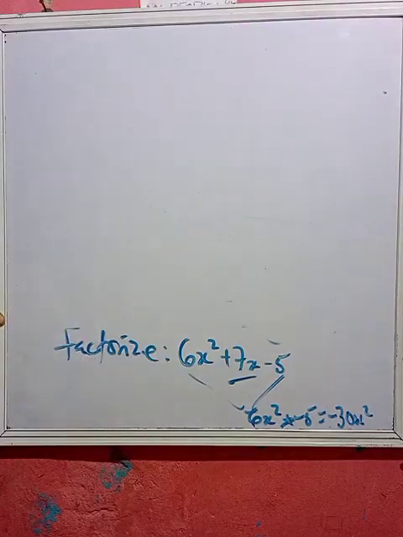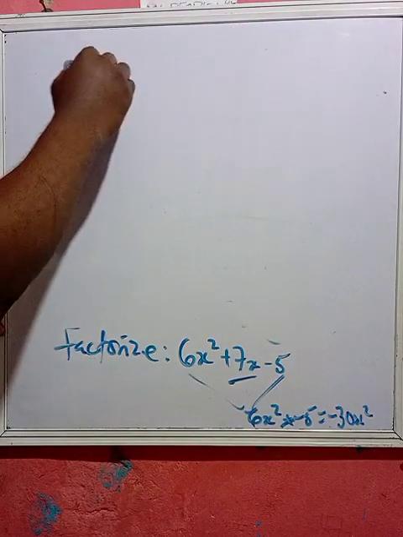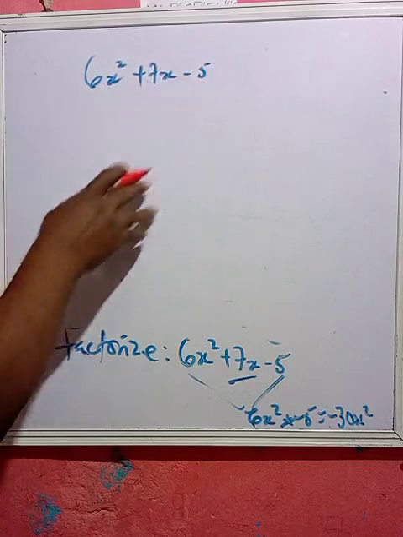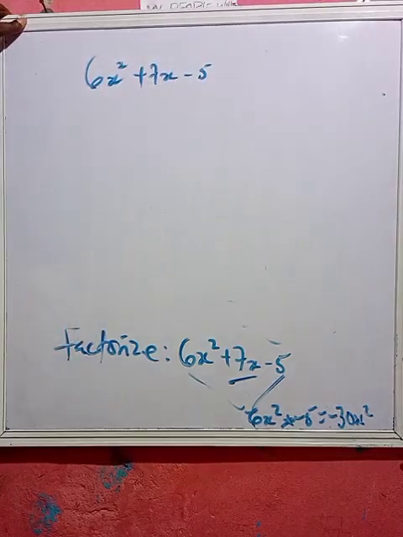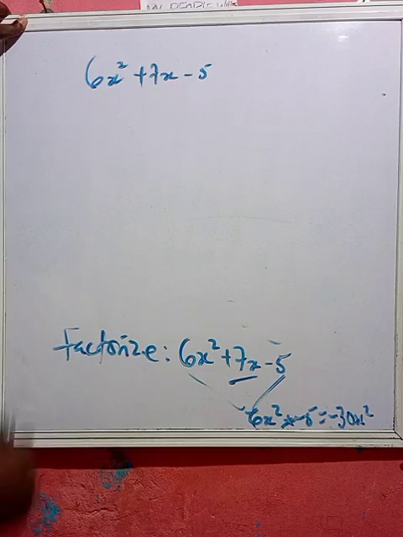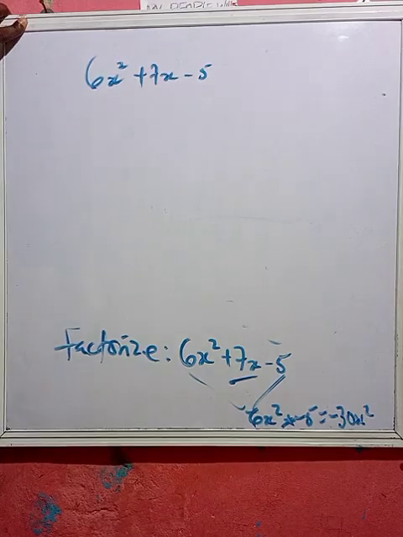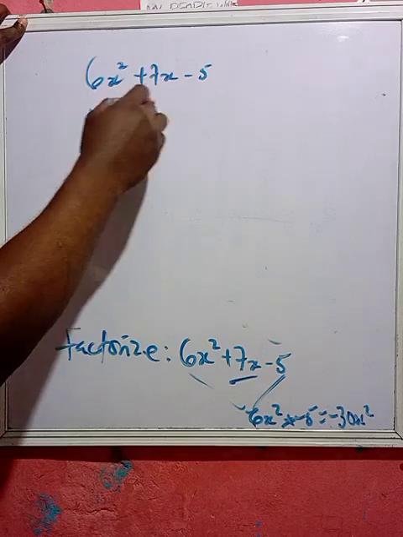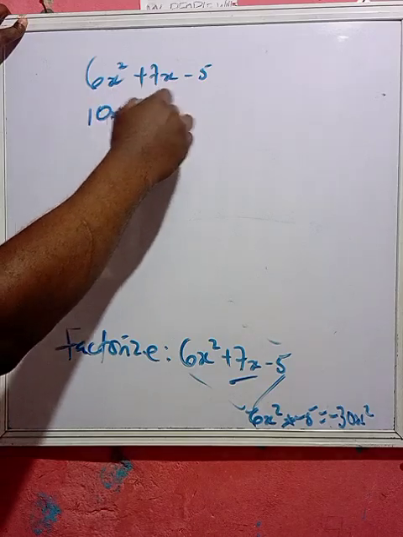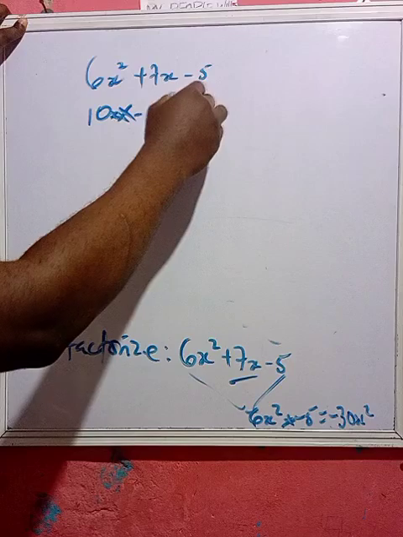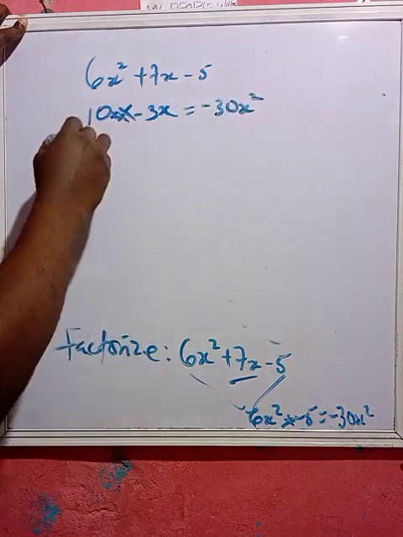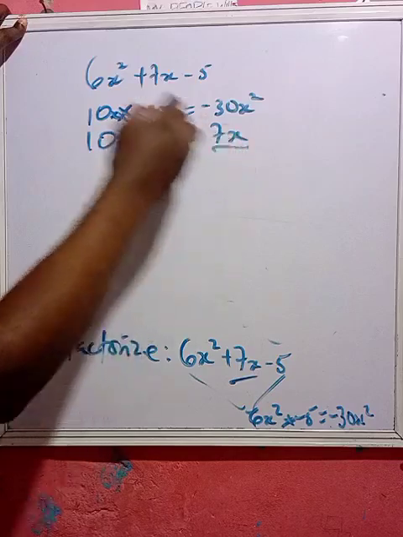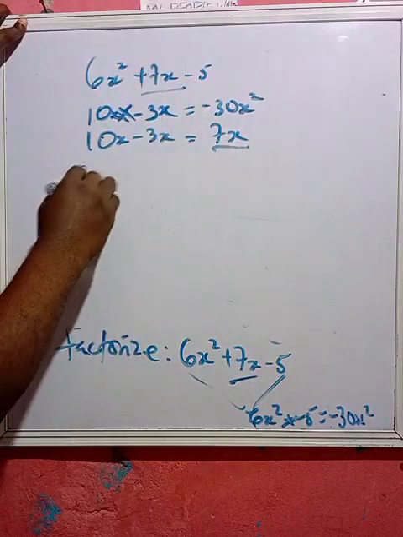All right, so we have 6x squared plus 7x minus 5. We have seen our factors. We can make use of 10x times minus 3x. Of course, that's to give me minus 30x squared. And then 10x minus 3x will give me 7x, which is this. So let's now replace.